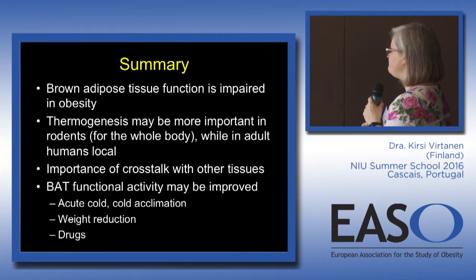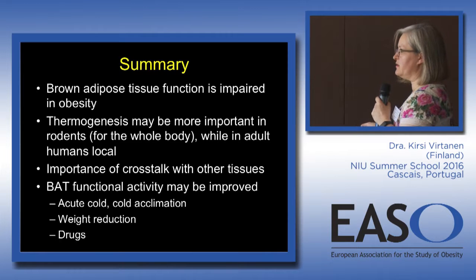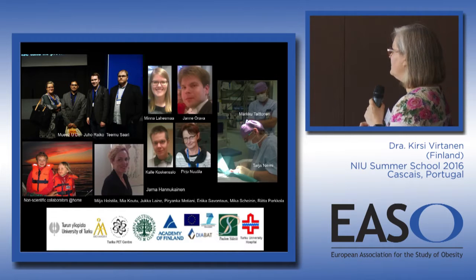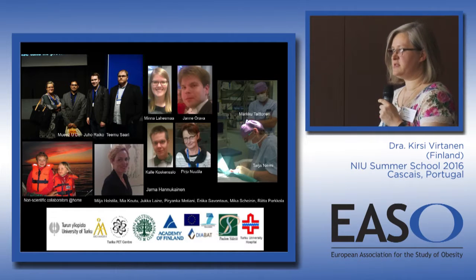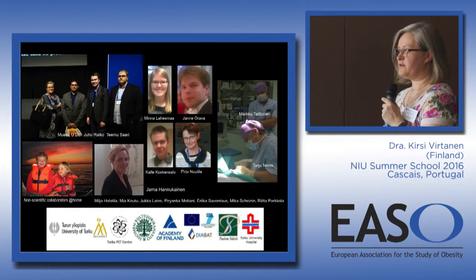And brown fat function may be improved by cold, weight reduction and drugs, but definitive results about drug treatment are still missing. These are the people who have worked a lot for these data, which I've shown from our lab, and I thank you for your attention.